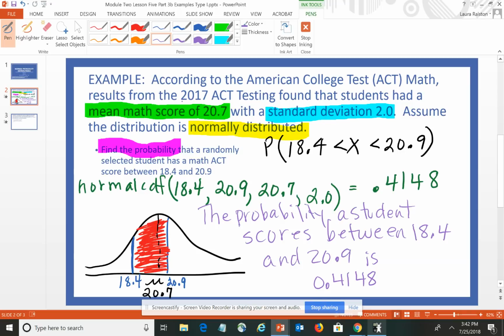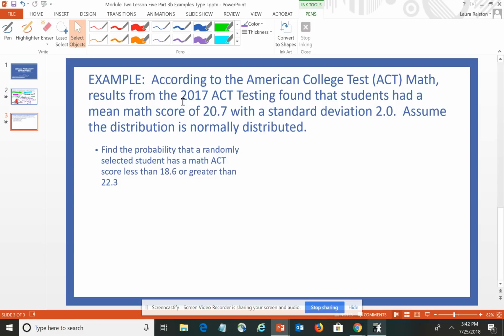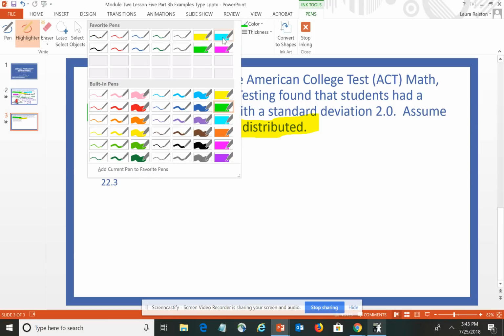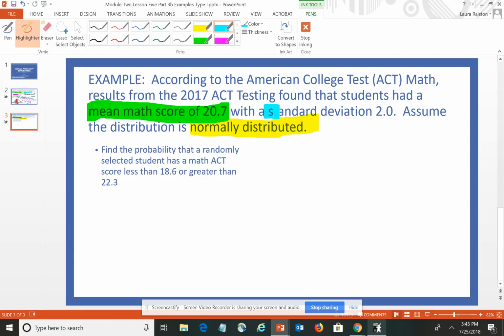All right, one more. Same question. We still know that our distribution is normally distributed. We still know we have a mean of 20.7. We still know that we have a standard deviation of 2.